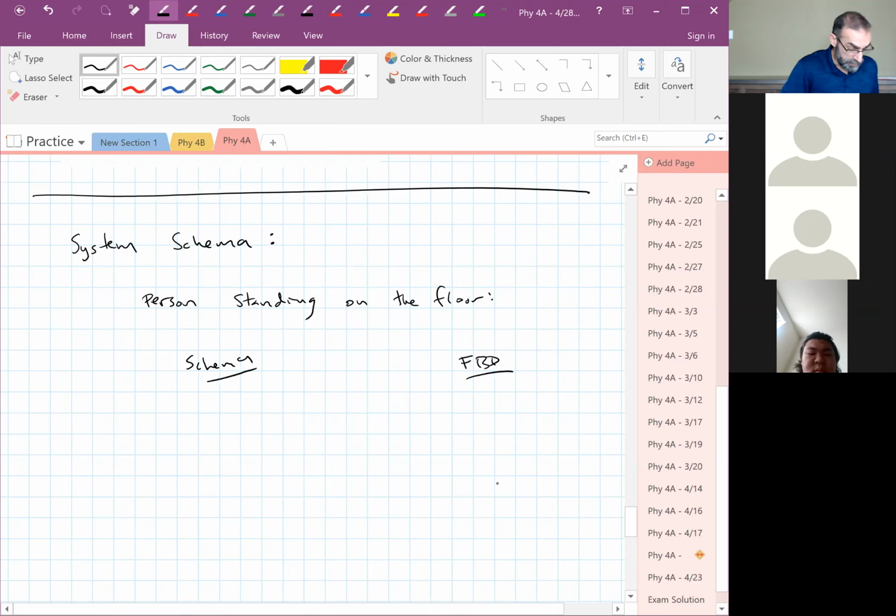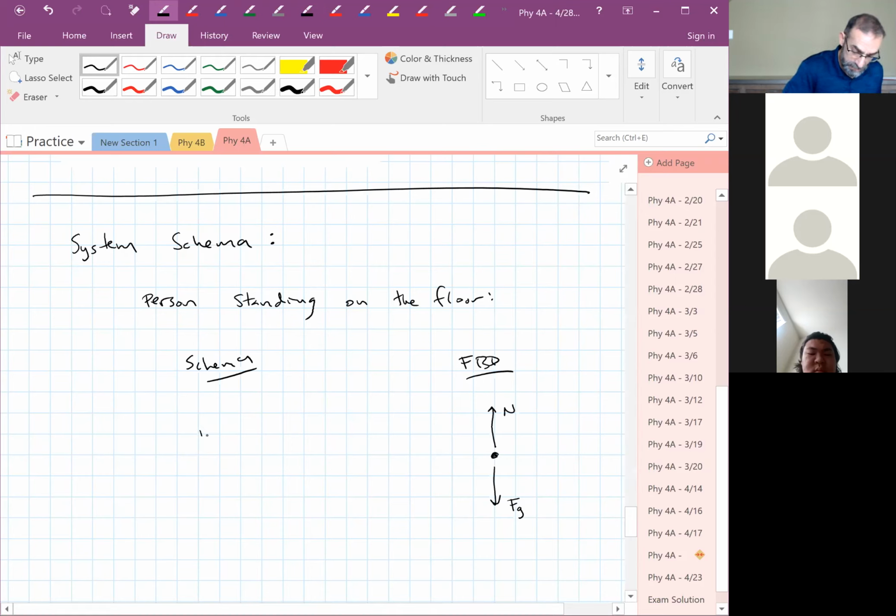Person standing on the floor. We should be able to draw the free body diagram: normal force, force of gravity, right? For a system schema, we draw something that represents each object.